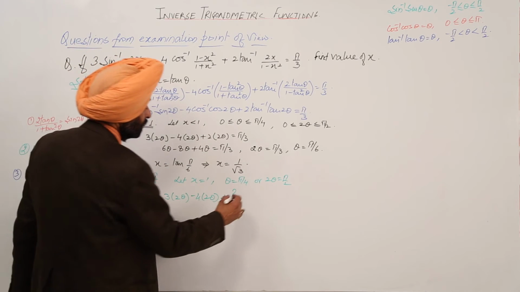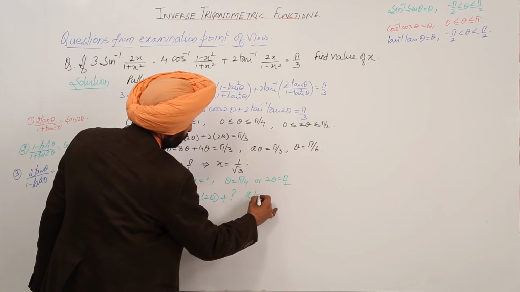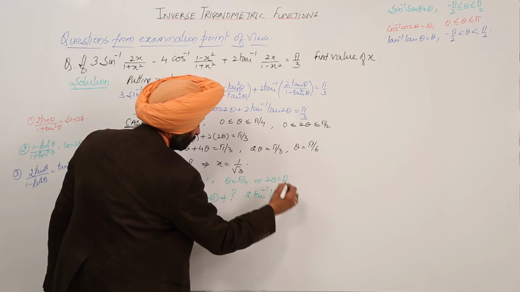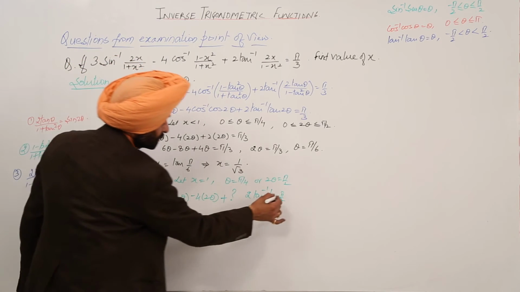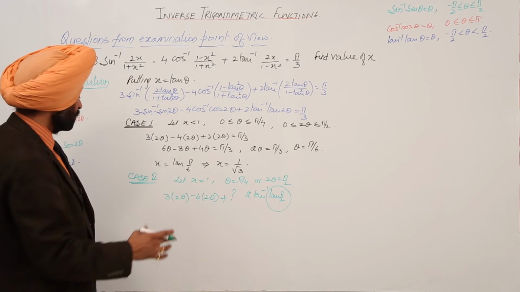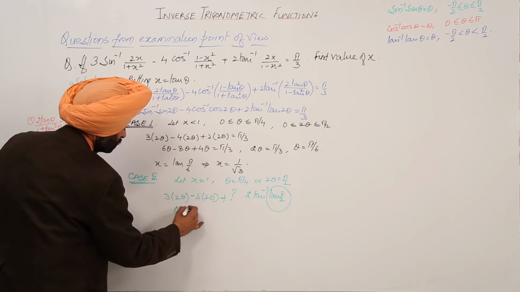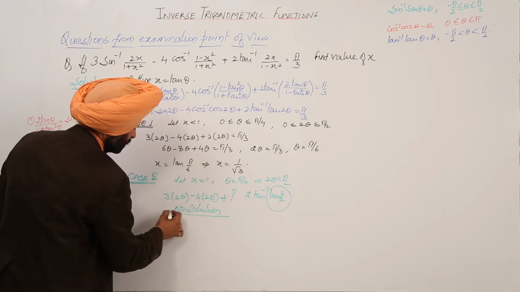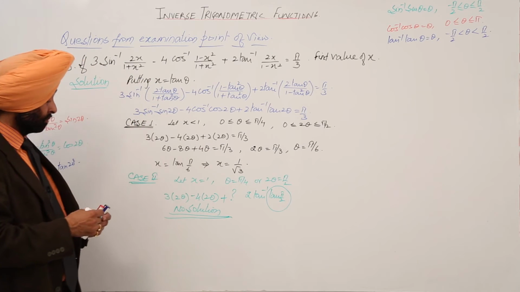Here we are having 2 tan inverse tan pi by 2. So this part is undefined. So we are having no solution for this part.